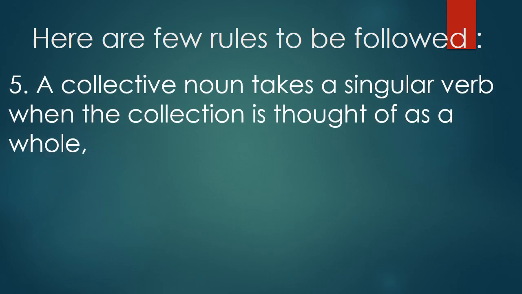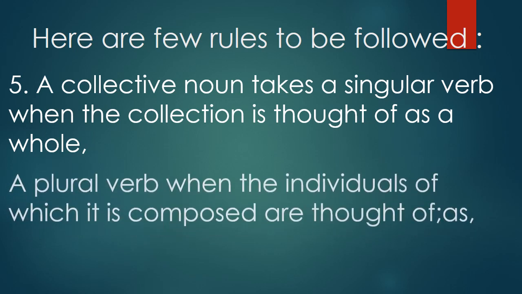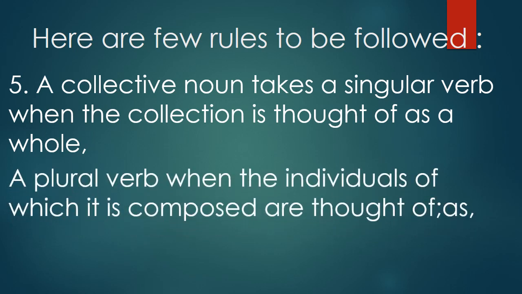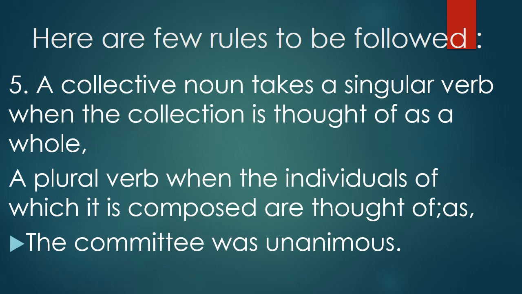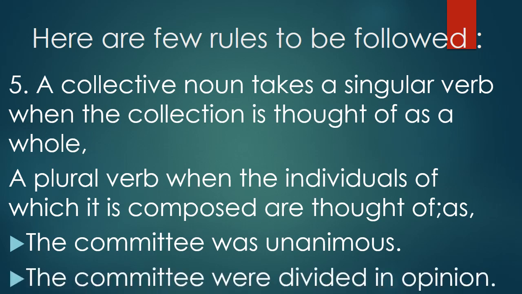Number 5. A collective noun takes a singular verb when the collection is thought of as a whole, a plural verb when the individuals of which it is composed are thought of. The committee was unanimous. The committee were divided in opinion. The committee is a group of many people.